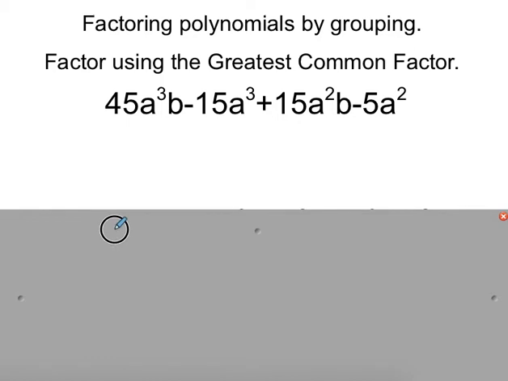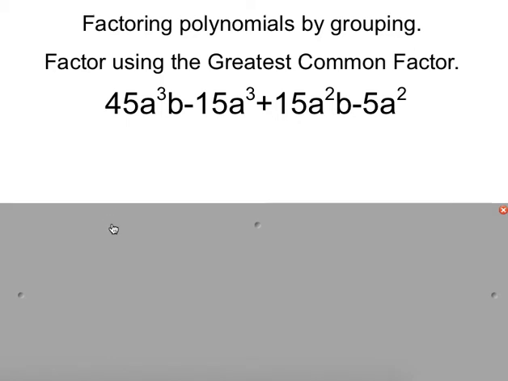Now, it can get a little bit more complicated, but not by much. In this case, let's see. In the first one, I'm going to keep it as is. I see some commonalities with a lot of these, but let's see what happens if I were to keep the grouping as it is right now. And in the first case, I can factor out a 15a to the third, so I have left a 3b minus 1.